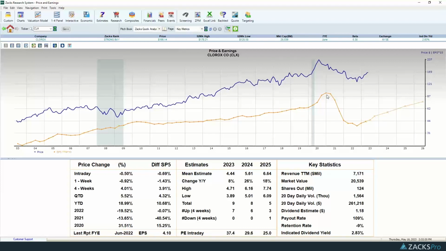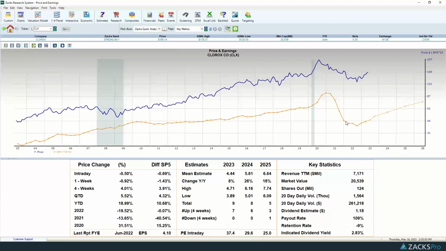But then as the pandemic eased, demand for bleach significantly dropped off. And because they had all of this excess manufacturing capacity, that really hit their net margins because they were running well below their capacity. So their capacity utilization went way down.